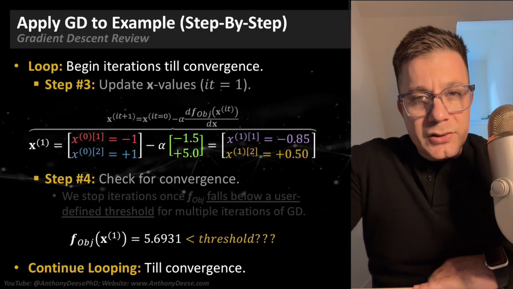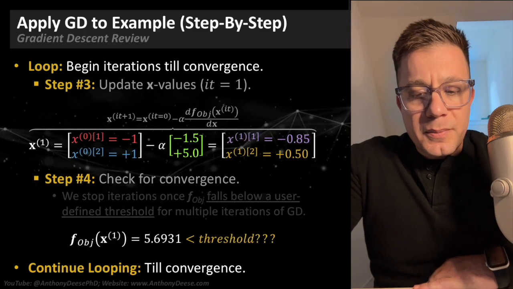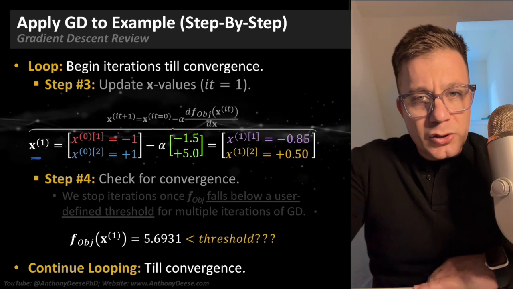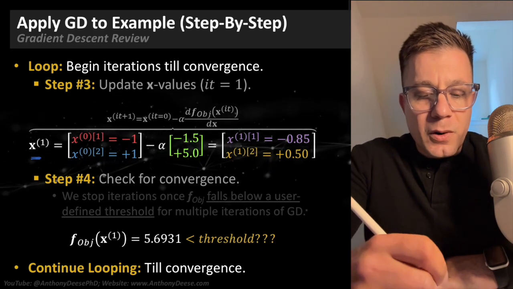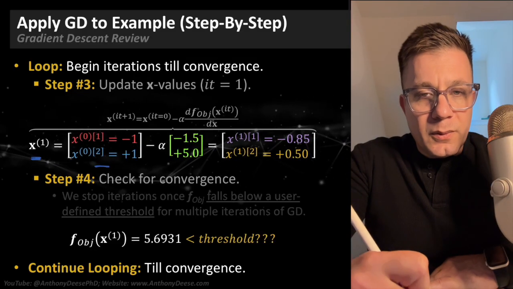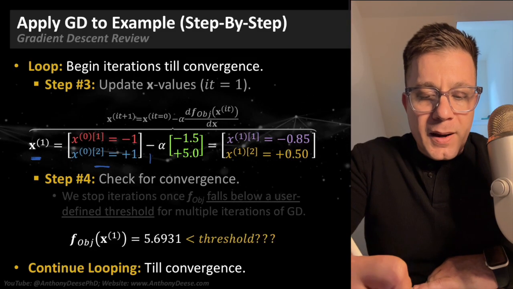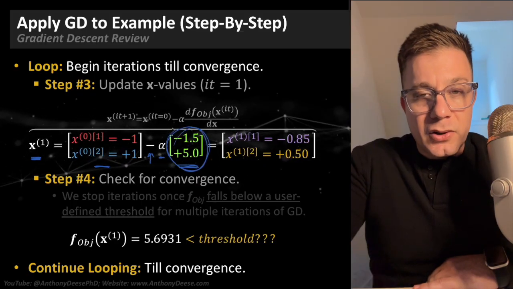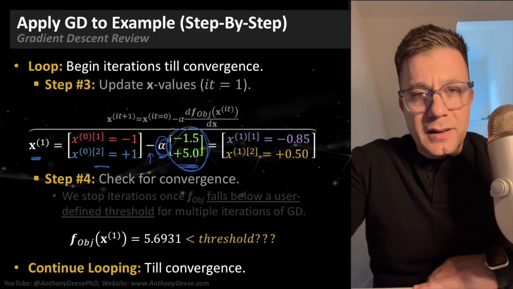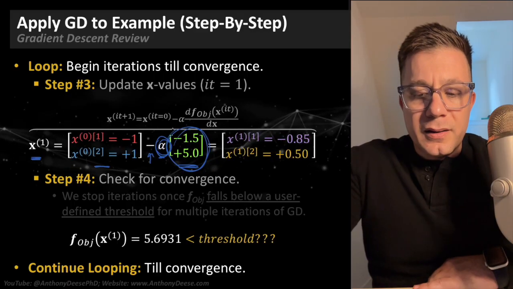Step number 3 is to use the update expression that we just talked about in order to generate the x superscript parentheses 1. So this is the exact same expression. The new value of x will be equal to the old value of x minus the update coefficient times the gradient. Again, this tells us the direction in which we should be moving, and this tells us the length of the step or the length of the stride.